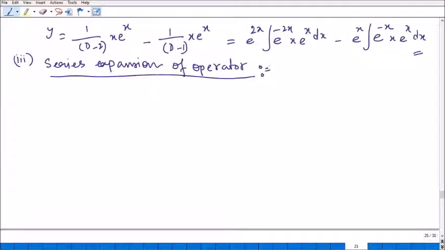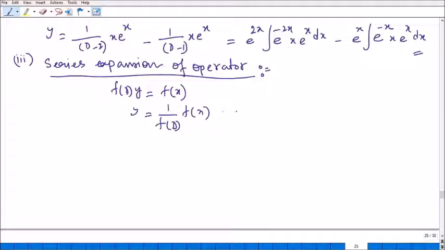In the series expansion method, the function is written as a series. Let me write the differential equation in operator form again: f(D) operating on y equals f(x). So y equals 1 by f(D) operating on f(x).